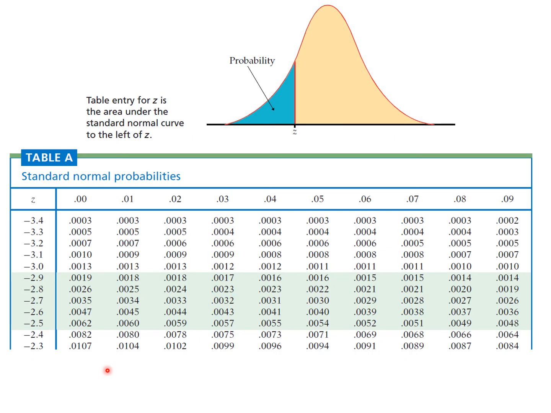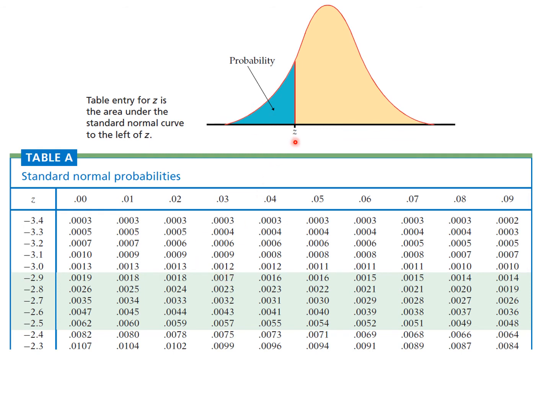The standard z-score table can be used to find probabilities for any normal curve problem that has been converted to a z-score. Over here, the table shows that these entries show the area under the standard normal curve to the left of the z value. So whatever the z value is, to the left of it, the area under the curve is depicted over here.